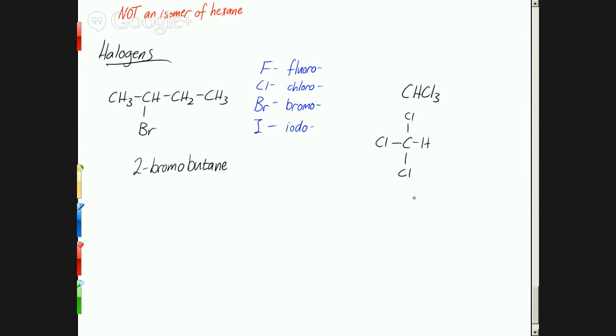But how would we name this properly now that we know our rules? So how big is the chain? Only carbon counts as the chain, remember. Just 1. So what is that?